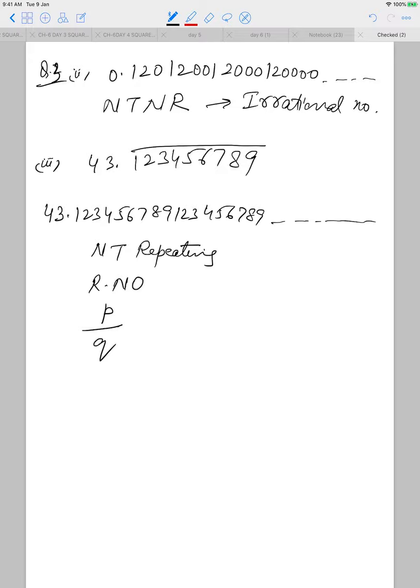Again, we have done what kind of denominator gives you a non-terminating and repeating decimal.